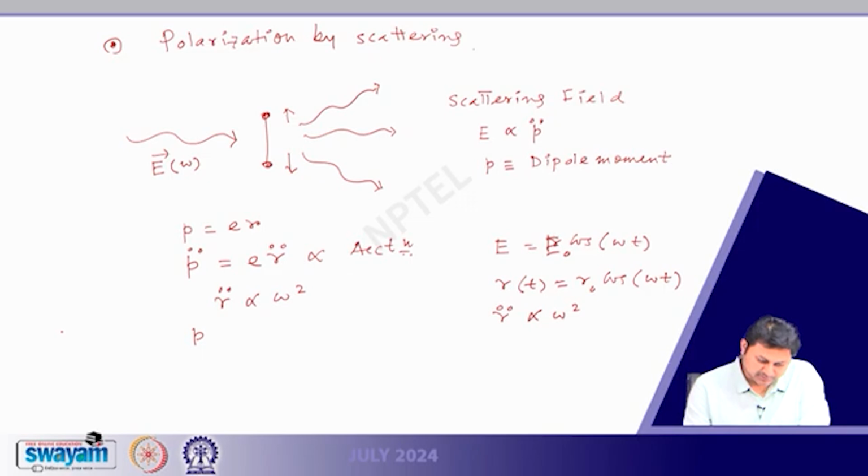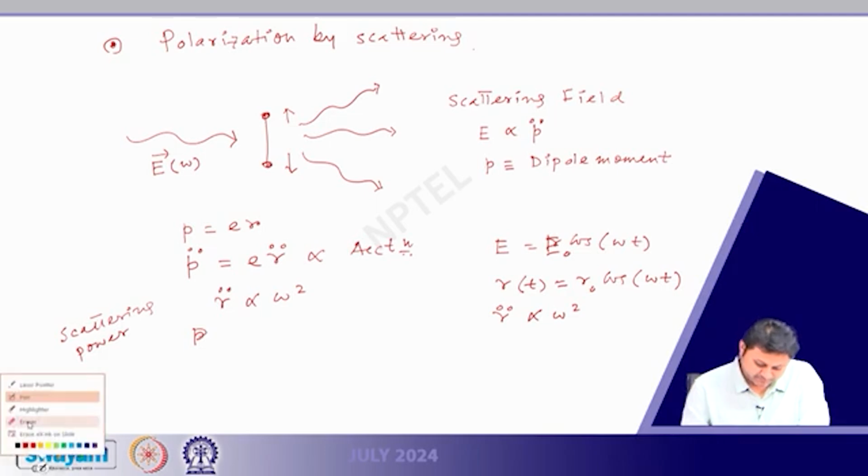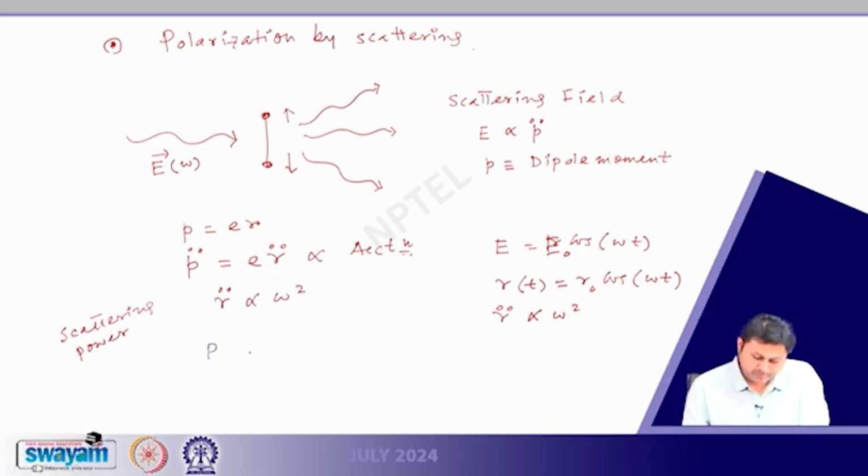the scattering power actually. Scattering power big P is proportional to the electric field square, and that should be proportional to omega to the power 4.